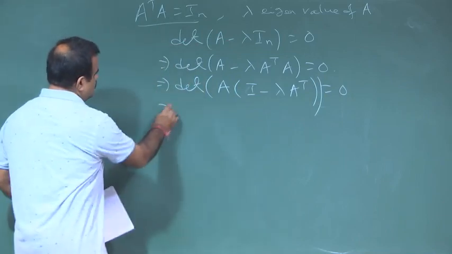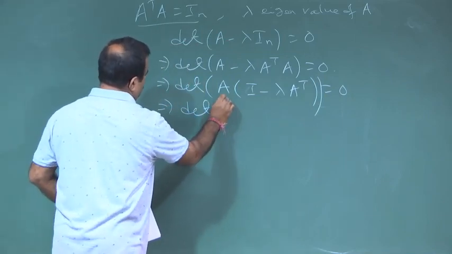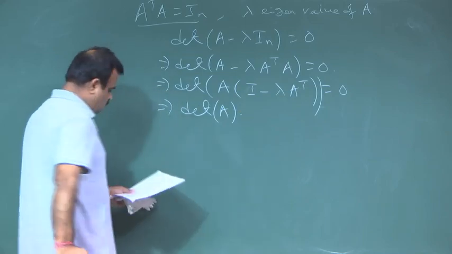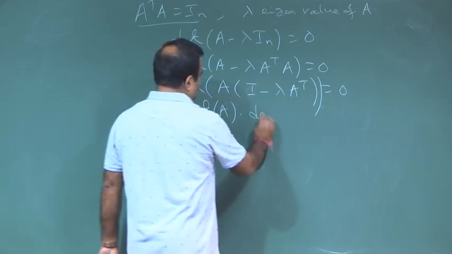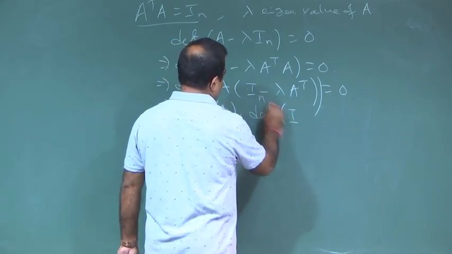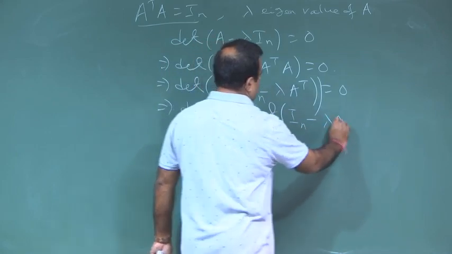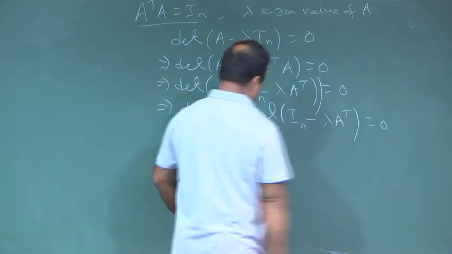Now we take the determinant of A times determinant of I minus lambda A transpose equal to 0.